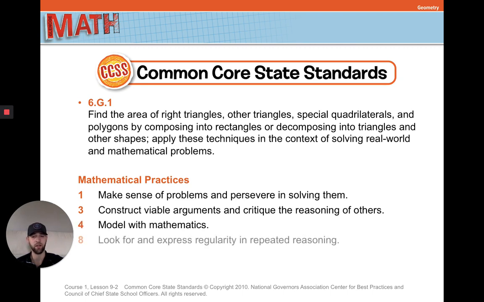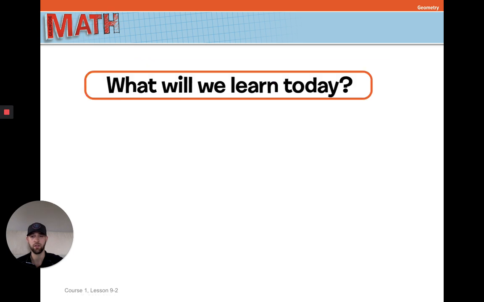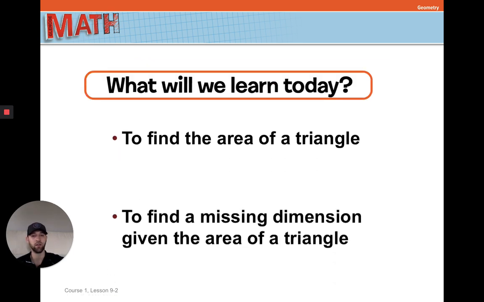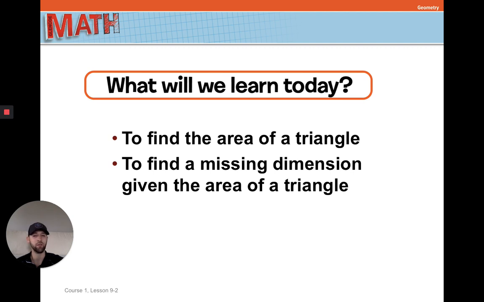There are some math practices we're going to be taking care of. And what are we going to do in this video? We're going to find the area of a triangle, and we're also going to find the missing dimension, the missing side, the missing height of that triangle when we are given the area.